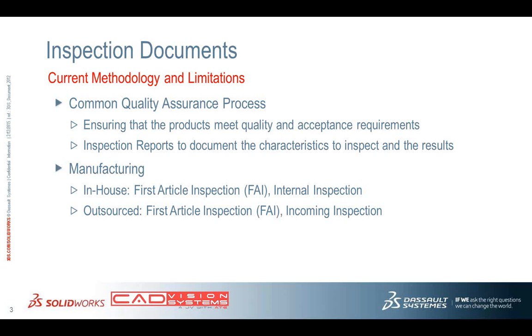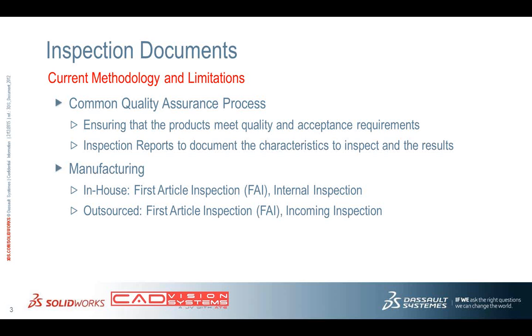One is in-house, where the company performs internal inspections using first article inspection, also referred to as FAI. The other is outsourcing, where they outsource the quality inspection process to other inspection facilities, using incoming inspection and FAI as well.